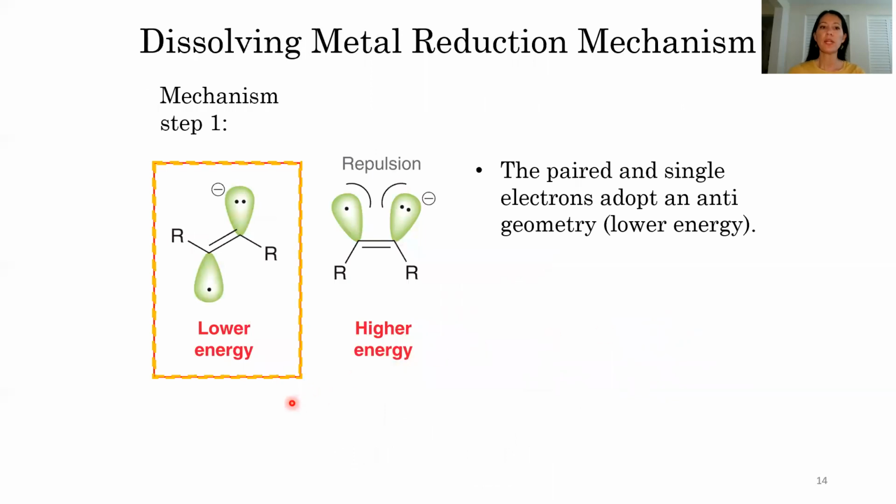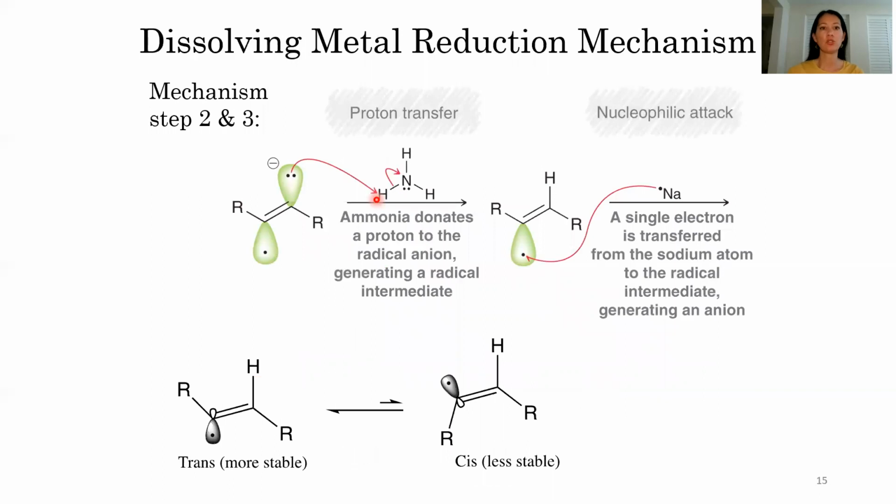What's really crucial here is that these have negative electron density associated with them, so they want to move away from each other. So the lower energy species is the trans species versus the cis, because you would have had repulsion in the higher energy cis.